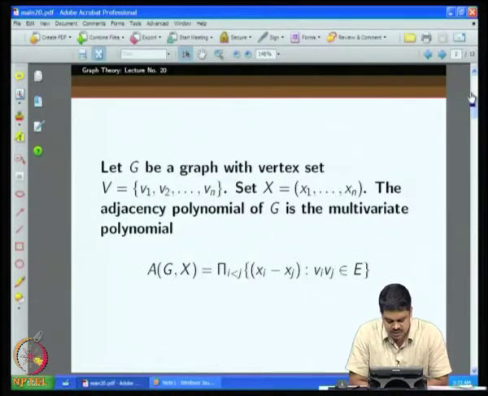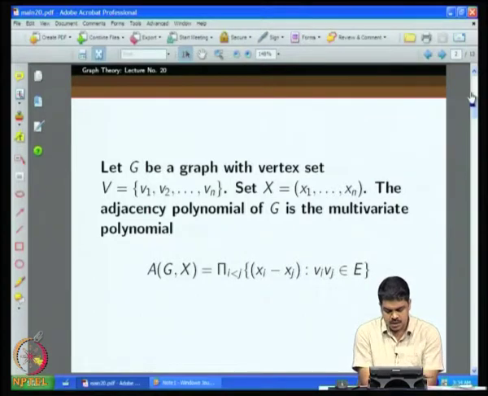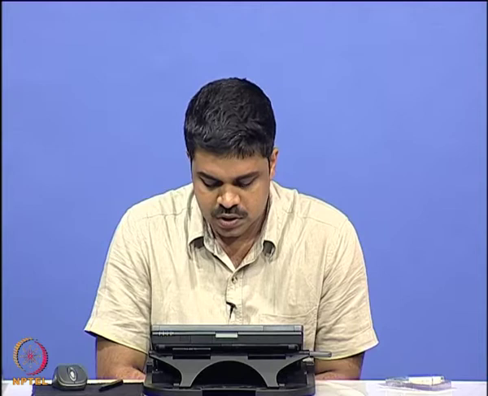You can see that if there is a proper vertex coloring of the graph, and we consider these colors as numbers, and you substitute xi with the color given to the ith vertex, then because whenever ij is an edge, xi and xj will not get the same color, xi minus xj will not become 0.